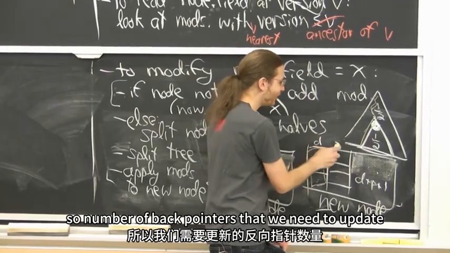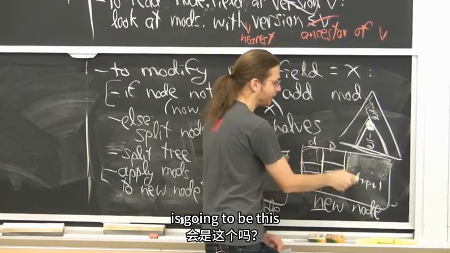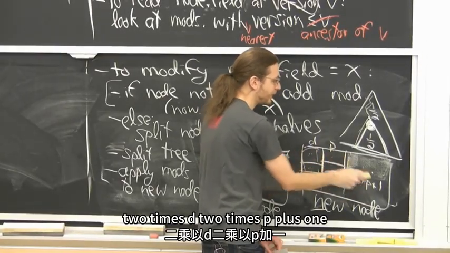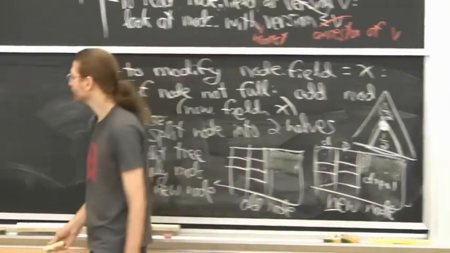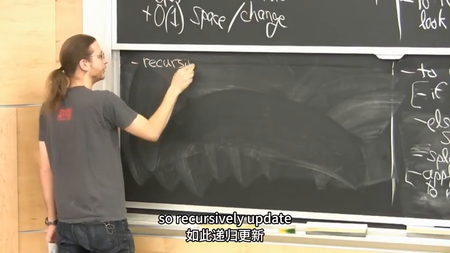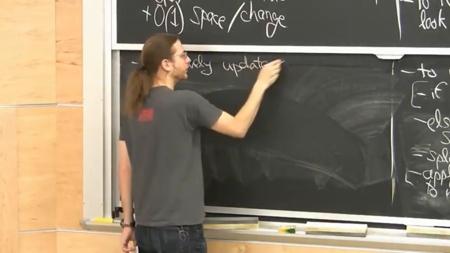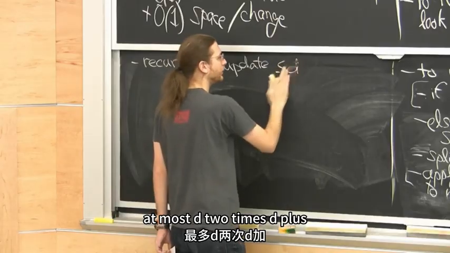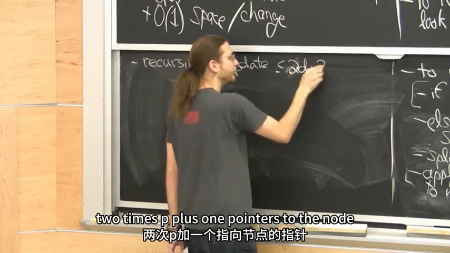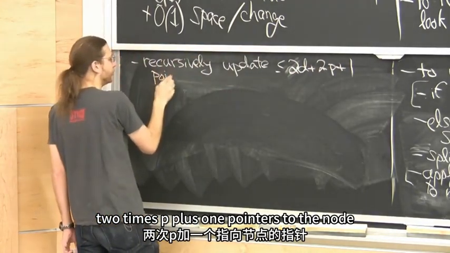So the number of back pointers that we need to update is going to be 2 times D, 2 times P plus 1. So recursively update at most 2 times D plus 2 times P plus 1 pointers to the node.